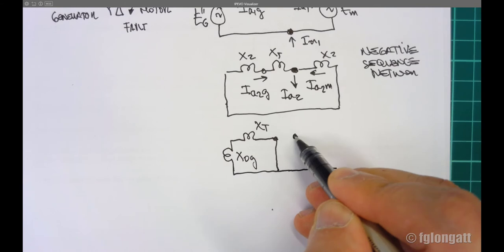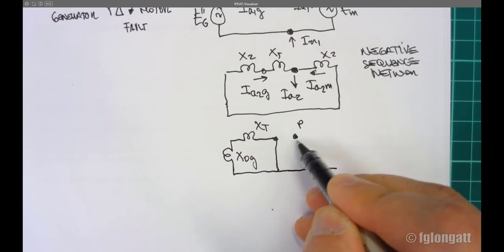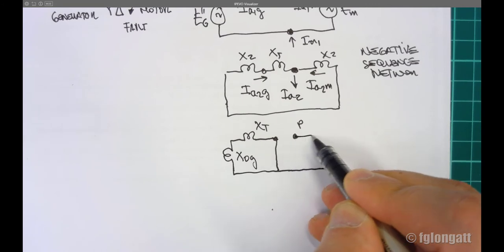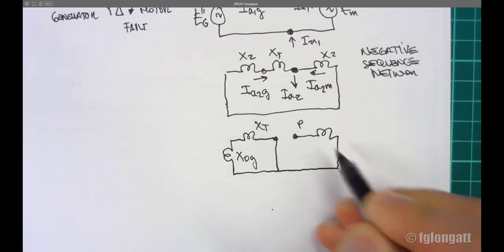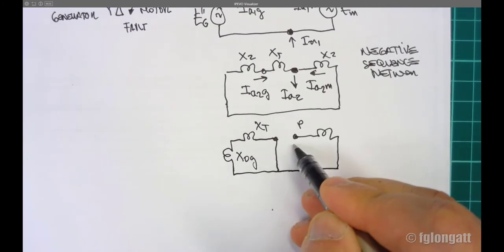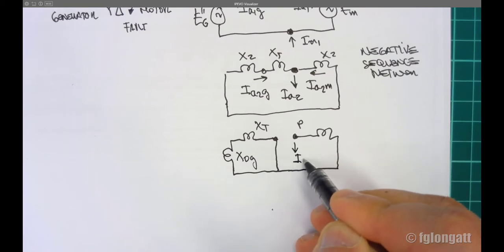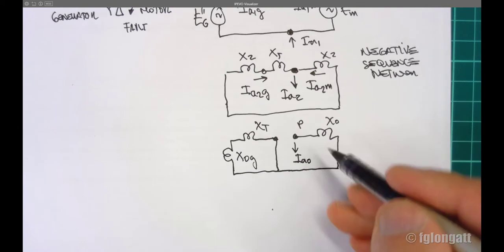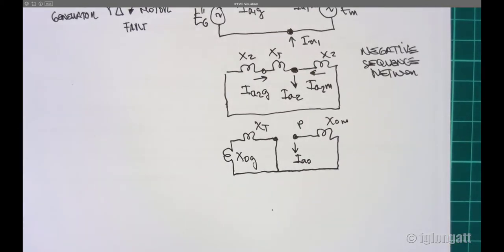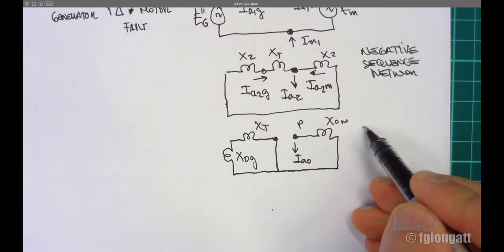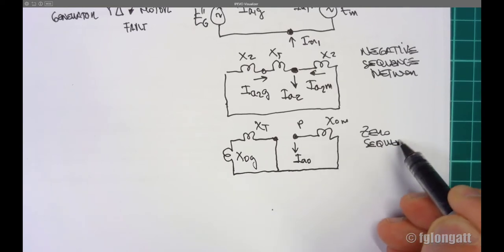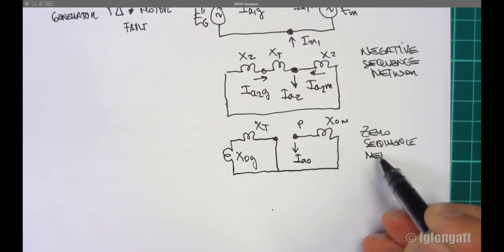Here is the point P, but because we have a delta connection, we have an open circuit here, and this will be the zero sequence current, okay? And this will be the zero sequence reactance from the motor, okay? And this is again the zero sequence network.